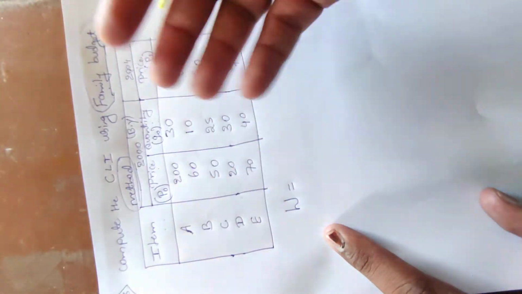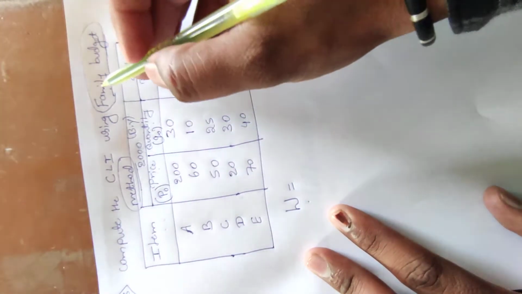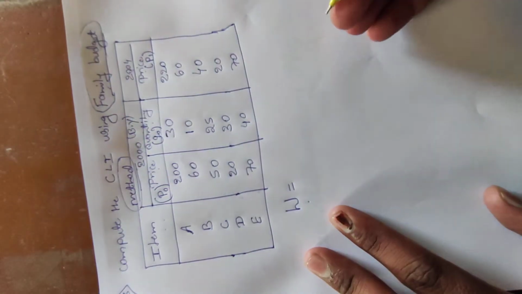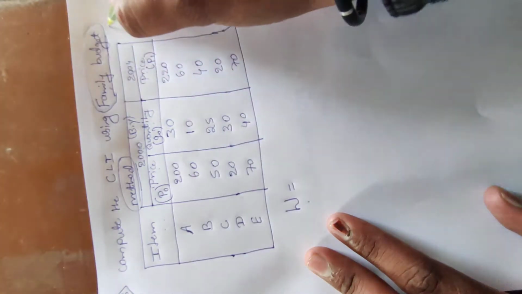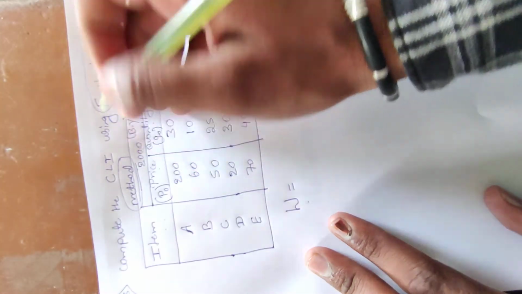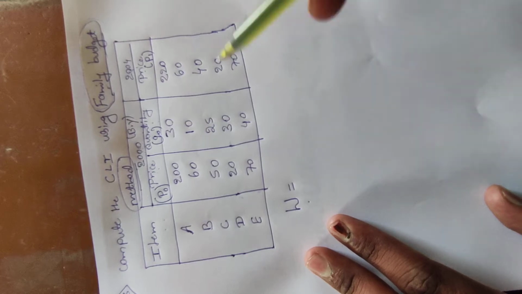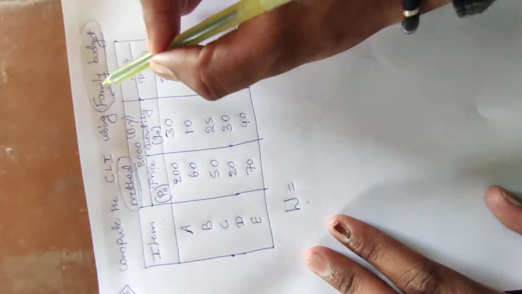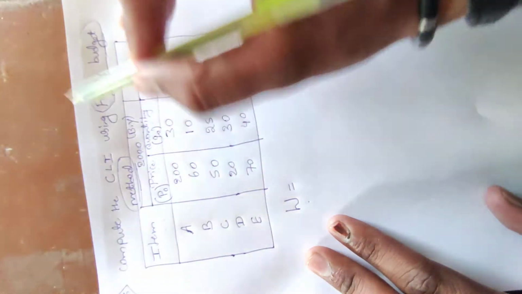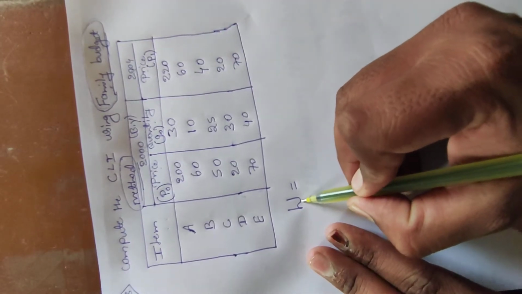But in this problem, W is not given, and we still have to give a solution based on the family budget method.